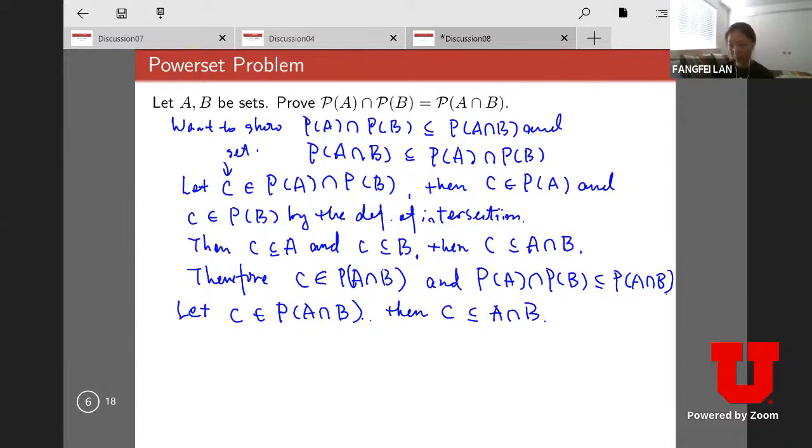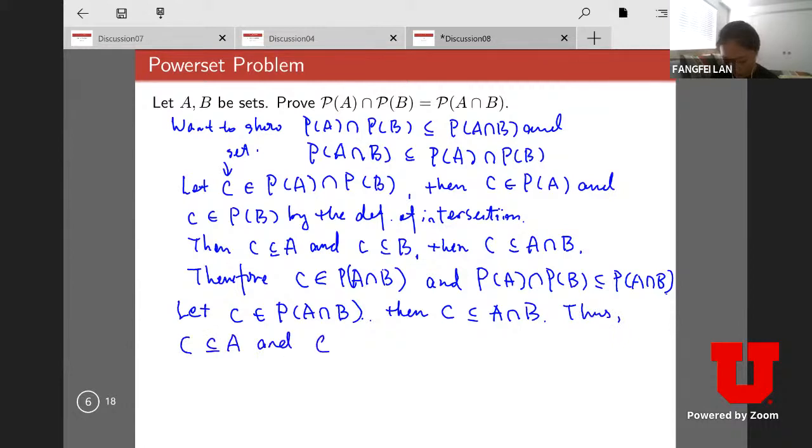Then what happens? Remember, by intersection, thus C is a subset of A, right?